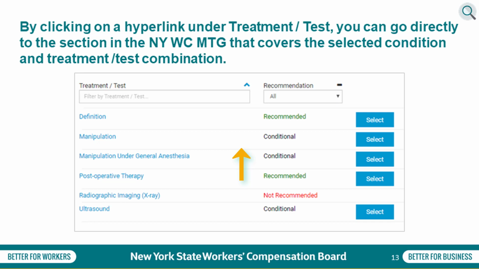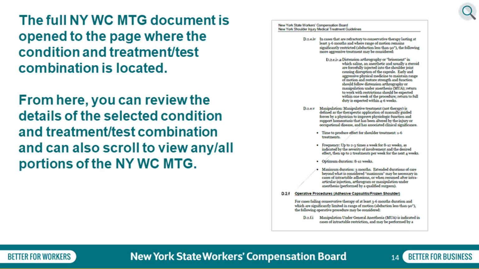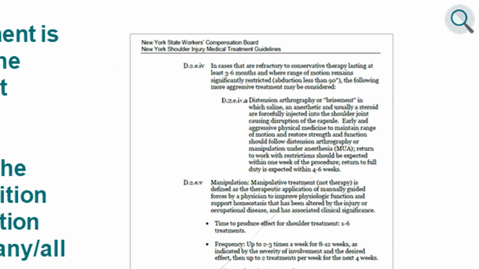When there is a treatment or test that you'd like more information about, you can select directly on the hyperlinked treatment or test. This will direct you to the specific section in the Medical Treatment Guidelines that covers this condition and treatment or test combination. A full guidelines document will open and then bring you to the relevant section.